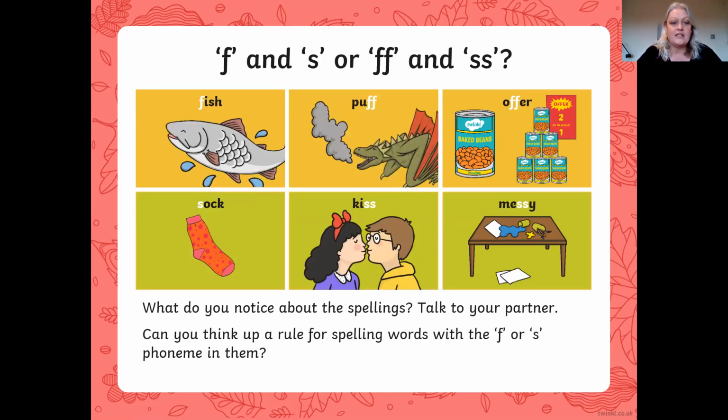So looking at these, if you look at what that dragon is doing, he's puff. So you've got the p and then you've got the vowel u. So it's followed by the digraph. Look at offer. The vowel o is followed by the ff digraph.